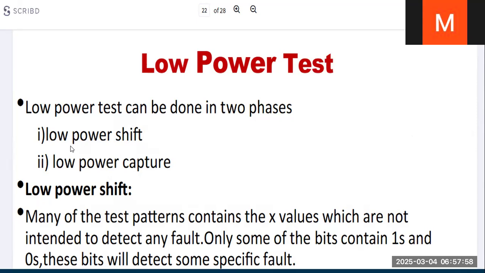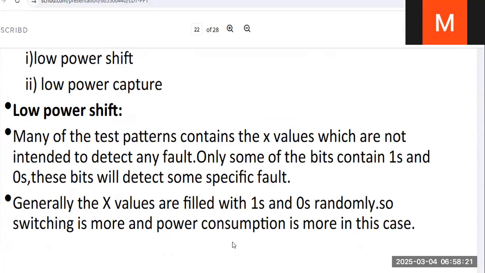So how to reduce the shift power, low power shift? In many of the test patterns, there are X values which are not intended to detect any fault. If a scan chain bit is X, it does not detect any fault. Only some of the bits contain ones and zeros, and these bits will detect specific faults.